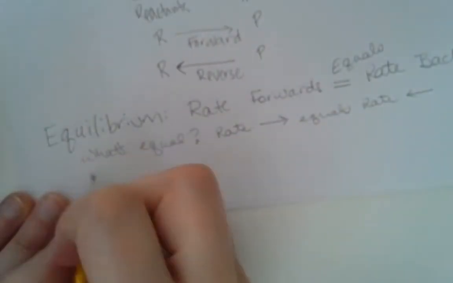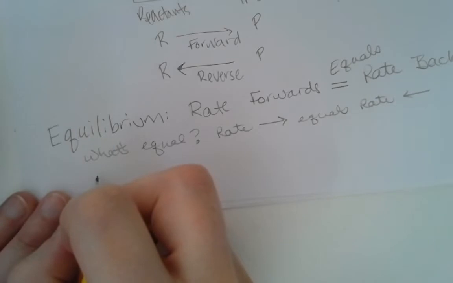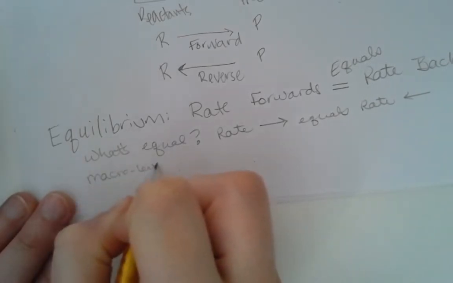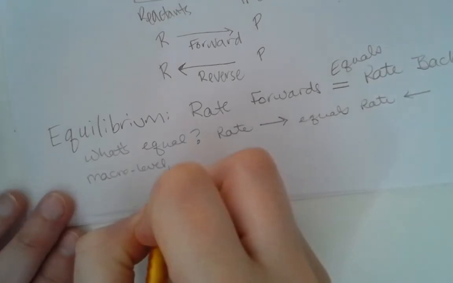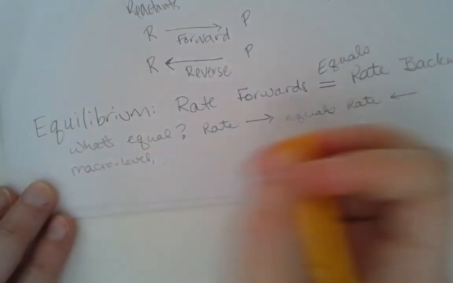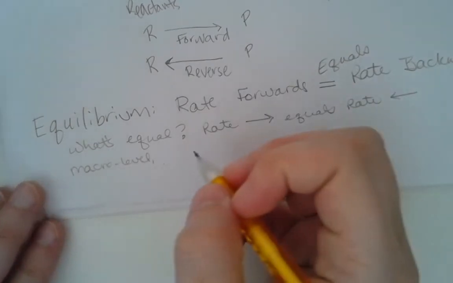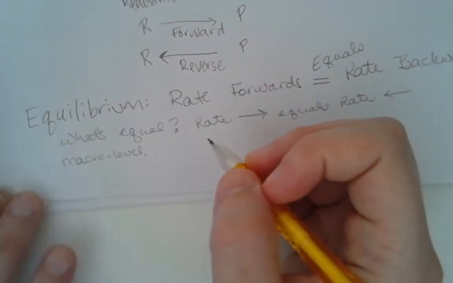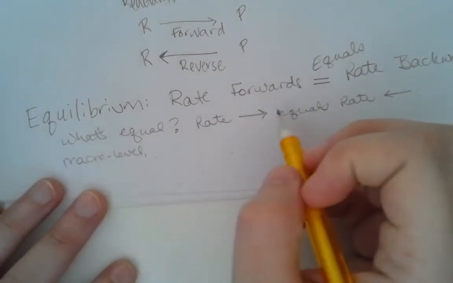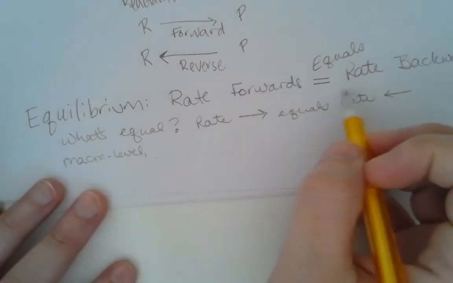So from our macro level just means like big. So you're a human, you're a big thing. We'll think of using like particle level goggles to see these reactions, to see these things changing.